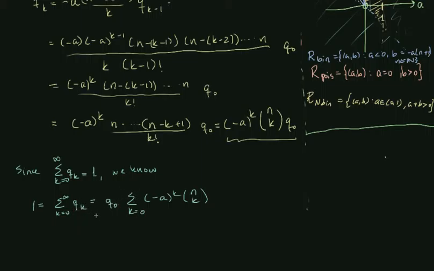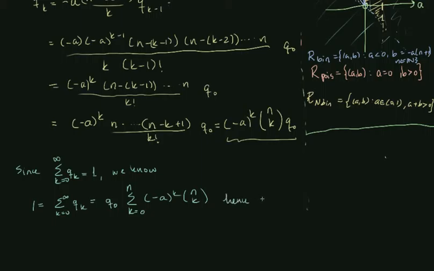The qk's are only expressed as such up until n. And after n, they will all become 0. We should also check if this is true for q0. For q0, this is just 1. Okay, so this is true.